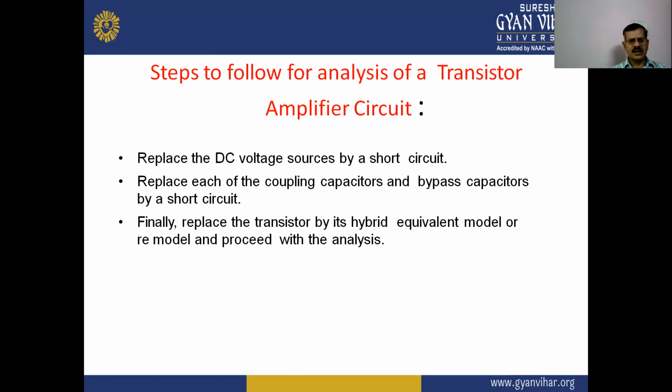And second point is replace each of the coupling capacitors and bypass capacitors by a short circuit. And finally, replace the transistor by its hybrid equivalent model and proceed with the analysis. So these are some steps to follow for analysis of a transistor amplifier circuit.